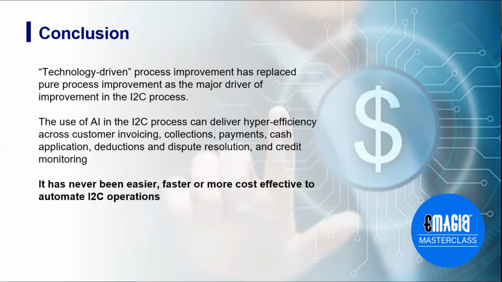Now, given the cost effectiveness of these new AI-driven technologies, it's really technology-driven process improvement. And it really comes down to artificial intelligence delivering the hyper-efficiency in the 6 processes we just discussed.